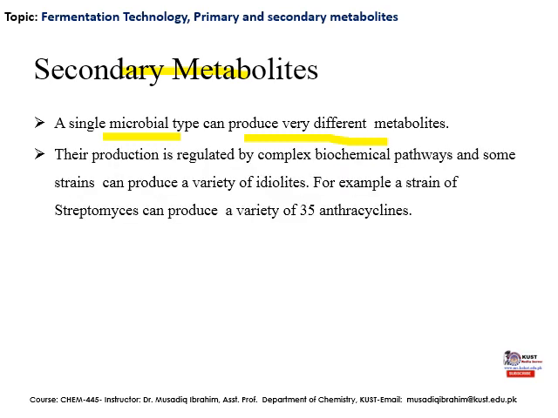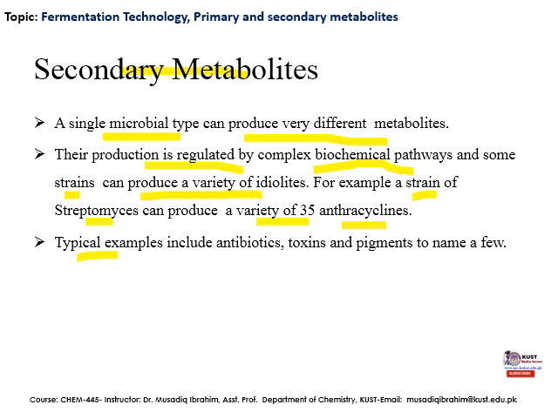Now, the production of the secondary metabolites is regulated by complex biochemical pathways, and some microbial strains can produce a variety of idiolytes or secondary metabolites. For instance, a strain of Streptomyces can produce a variety of 35 types of anthracyclines.